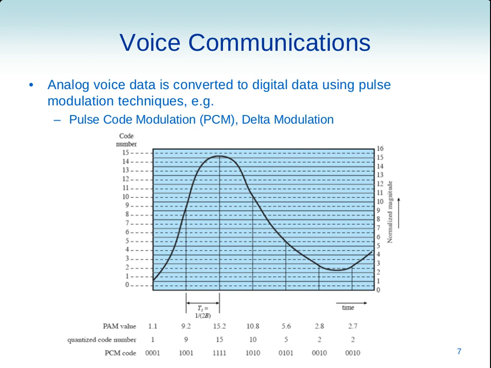When the receiver receives the bits 0001, it maps back to the code number 1, which maps back to an output level at this point at the output, and they play back some output analog audio on the speaker at the receiver. And then when they receive the next 4 bits, they play back some output at this higher level, at level 9. And the output keeps varying according to the bits they receive.